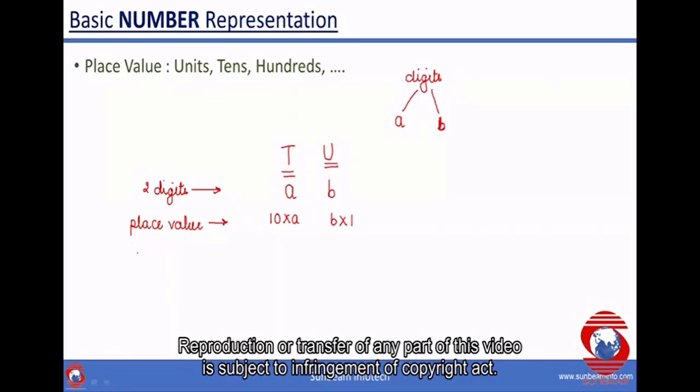Now students, what is the number formed? What number do I get by combining these two digits? I get 10a as it is plus b into 1 is plus b. So the number that I will get is 10a plus b.